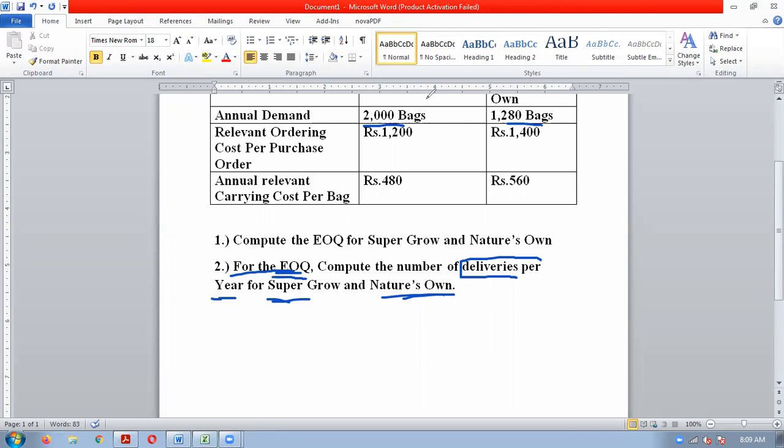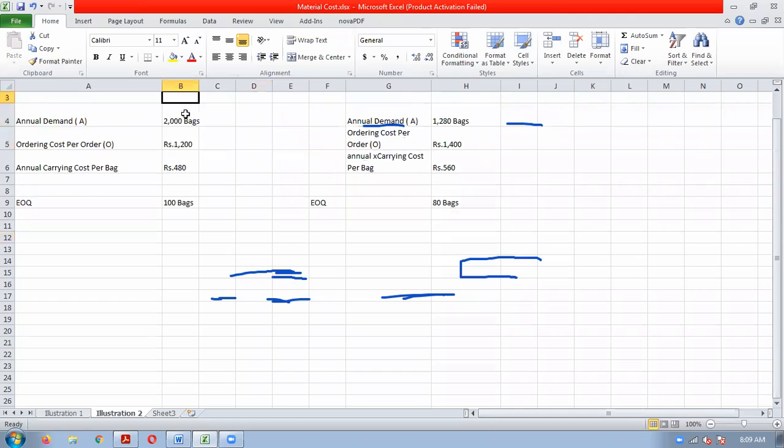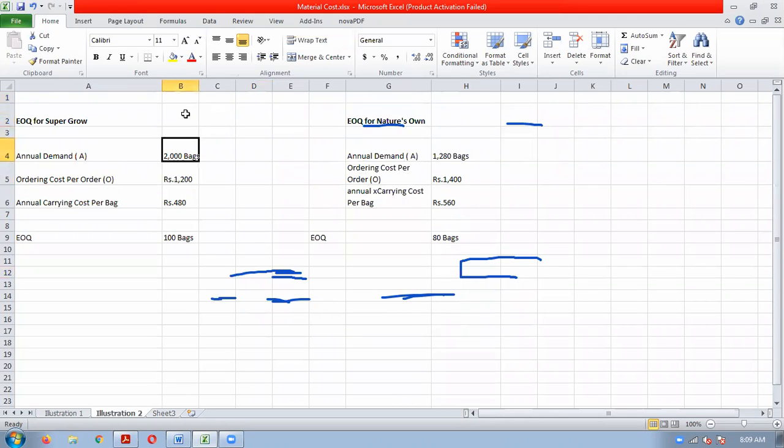Yes, anybody can put the answer in the message box. Okay, see, very simple. What is the annual demand for Super Grow? 2000 bags are required, and every time we will place 100 bags.